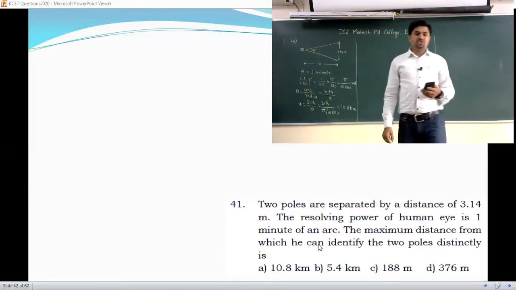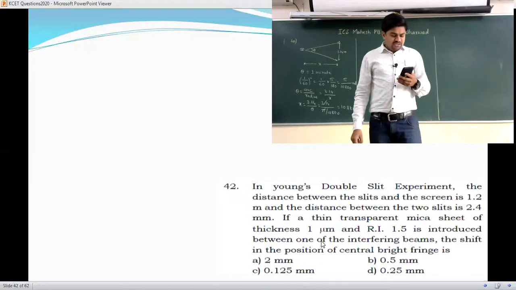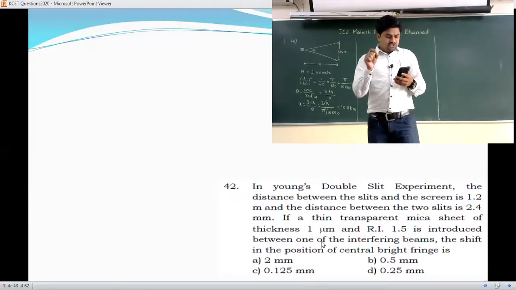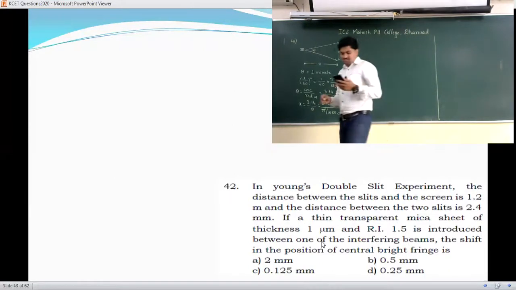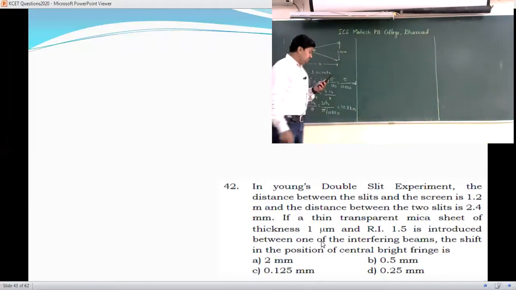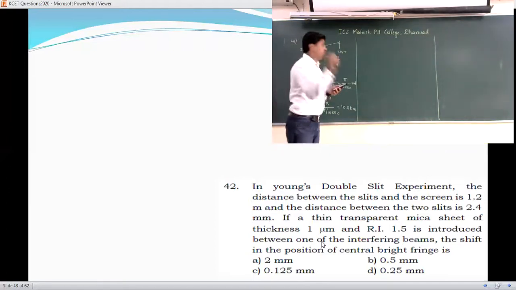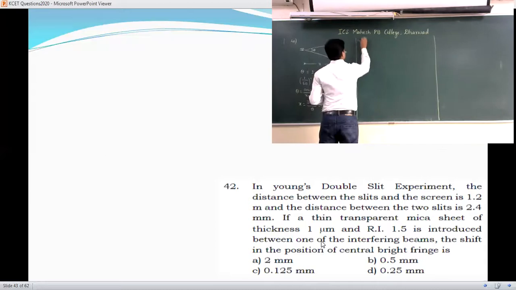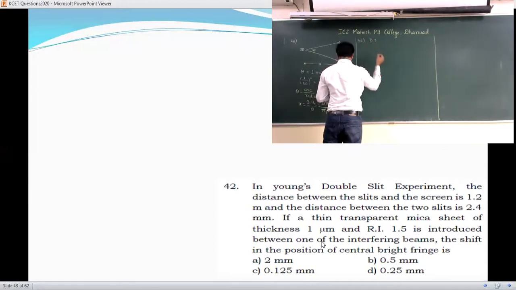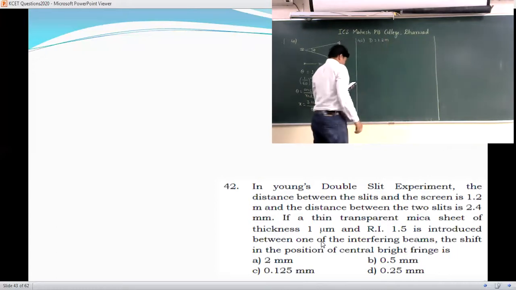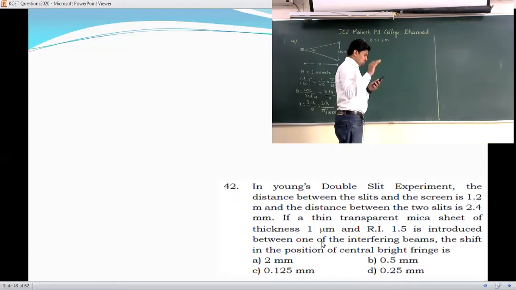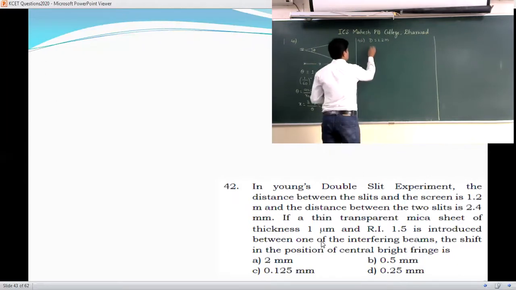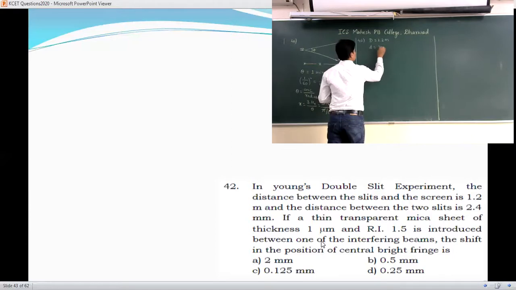See the next question. In Young's double slit experiment, the distance between the slits and the screen is 1.2 meter. The distance between the slits and the screen we write as capital D, so capital D is 1.2 meter. Then the distance between the two slits is 2.4 mm, which we write as small d.